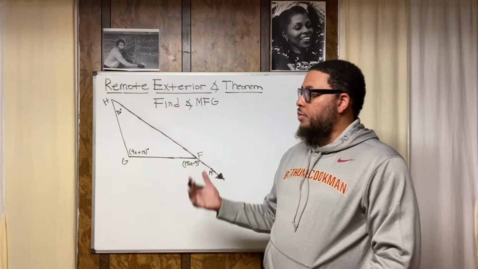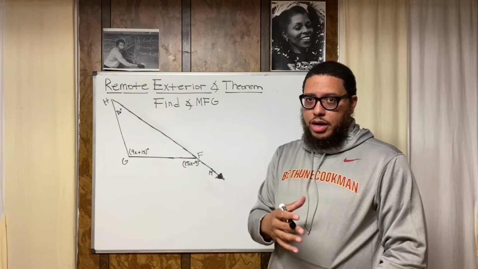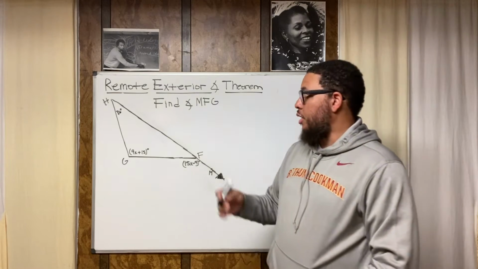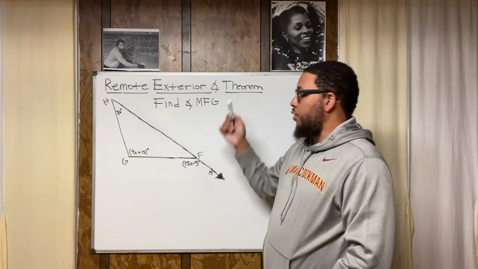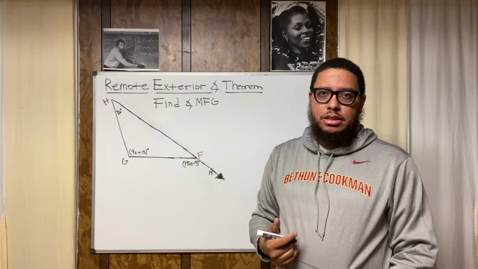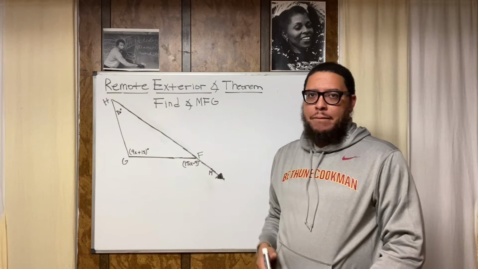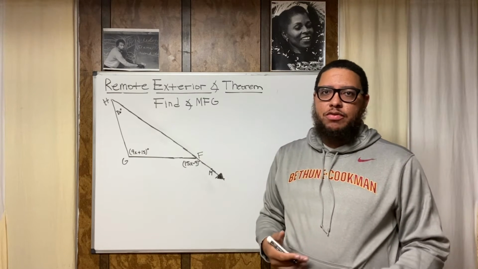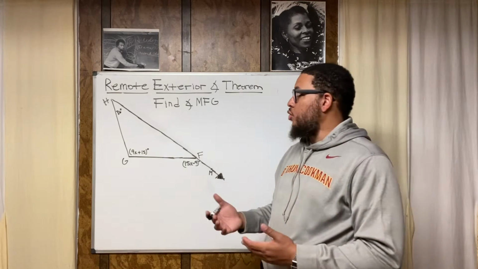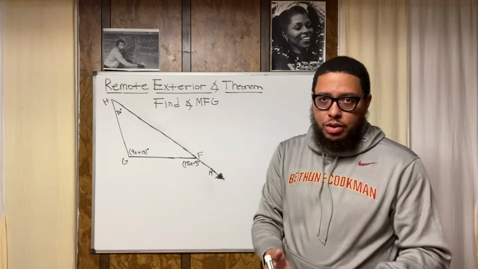Now, in this particular video, in this lesson that I'm giving you right now, I already told you up front that we're using the remote exterior angle theorem. But on standardized tests, the SAT, a test your teacher might give you, a quiz, whatever, it's probably not going to be that sweet. They're not going to tell you up front that this is the theorem you're going to have to use.